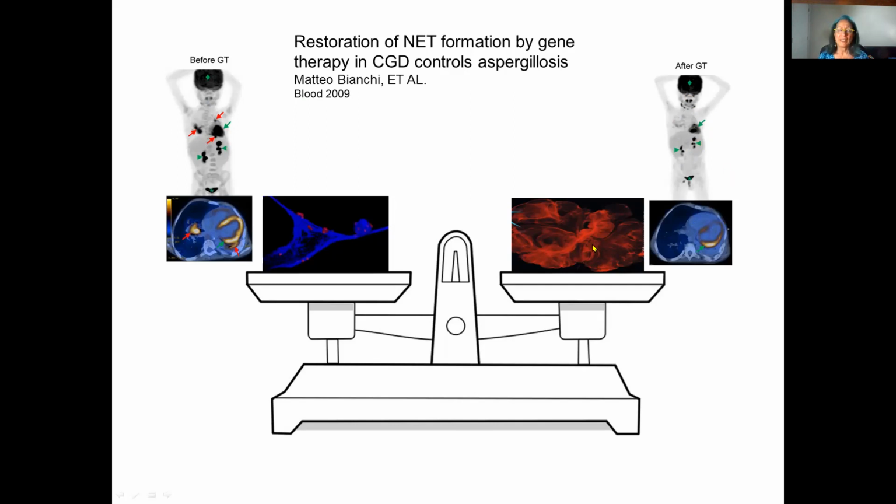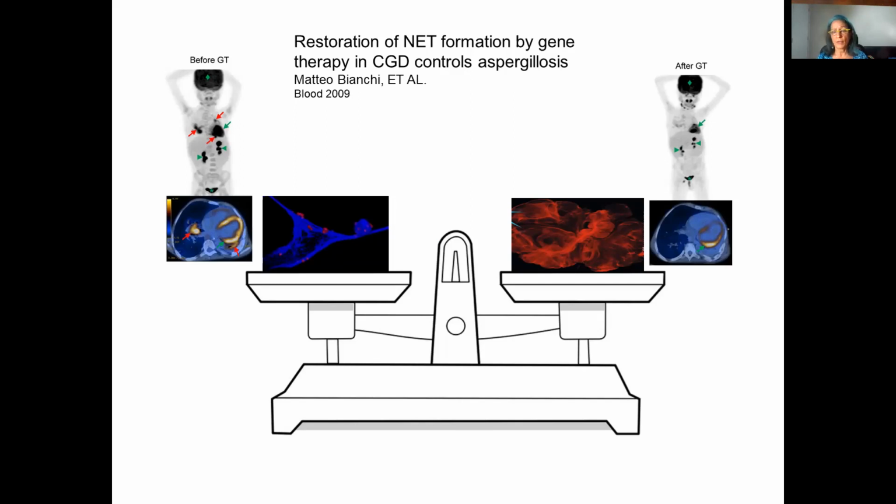So there is a balance with NETs. Too few NETs in some cases cause disease, because they are needed to contain an infection, for instance. But sometimes too many NETs are also a problem, because then they start to affect tissue.